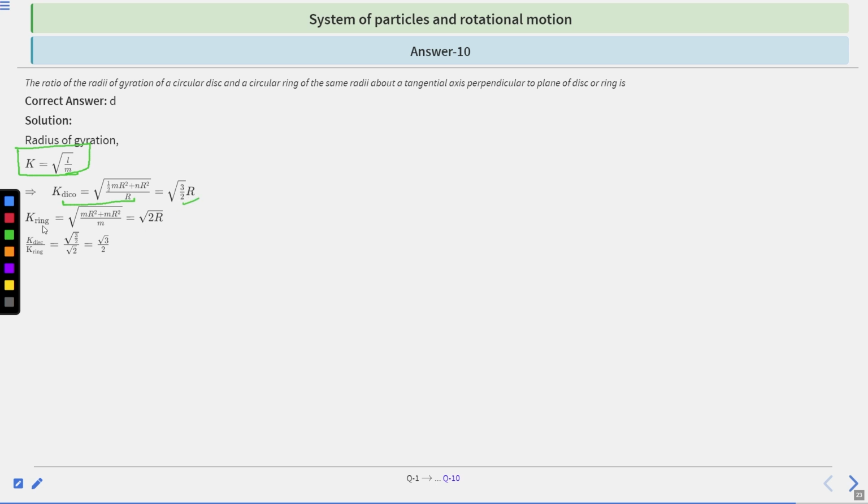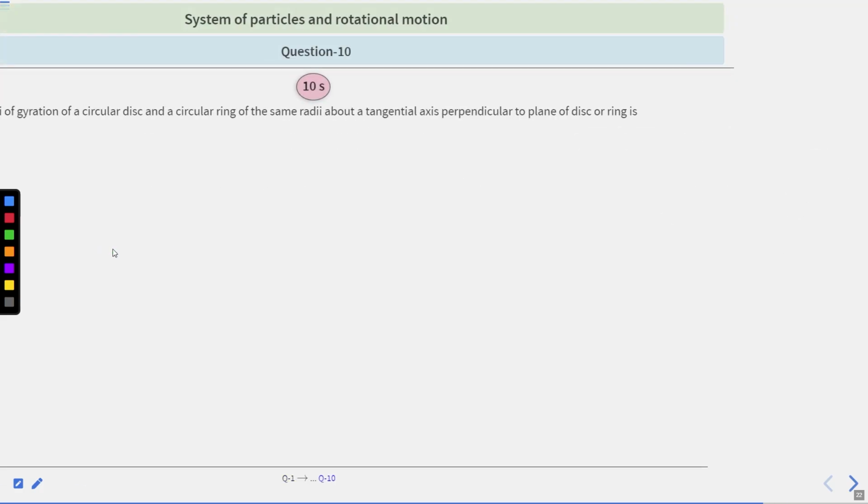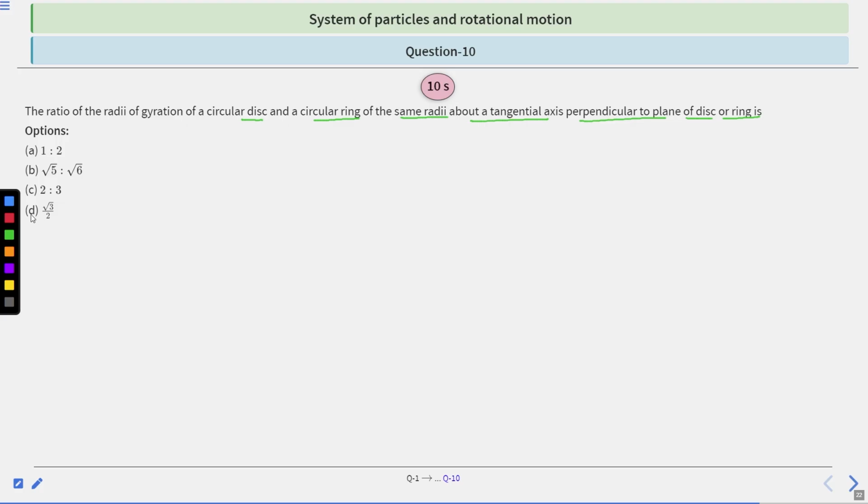And k ring is equal to root of (mr square plus mr square) divided by m, which is equal to root 2 r. So the ratio k disc upon k ring is equal to root 3 divided by 2. So the correct answer is D. D is the correct answer.